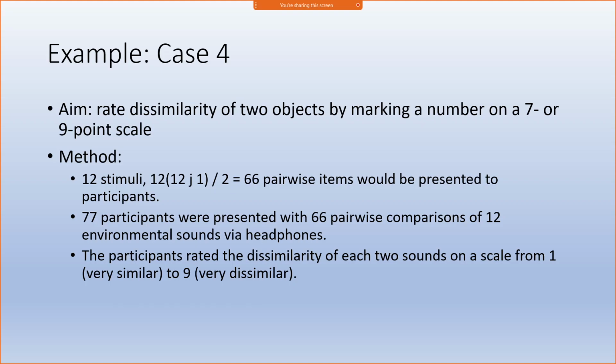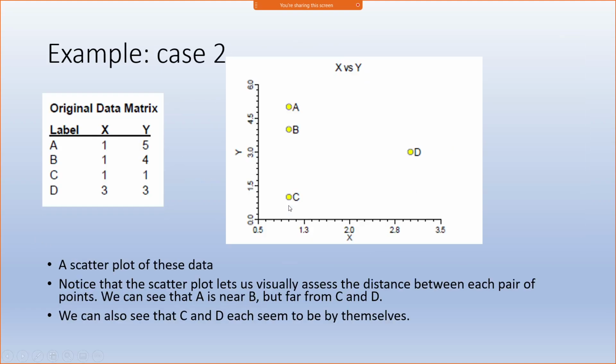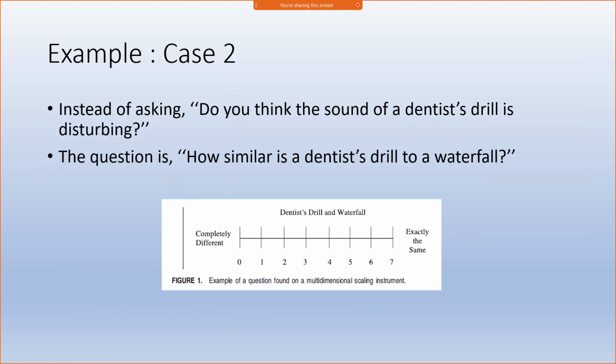You can use a 7 or 9 point scale. Remember the example I showed you just now with the waterfall and dentist drill. This is a 7 unit scale, but you can have up to 9.